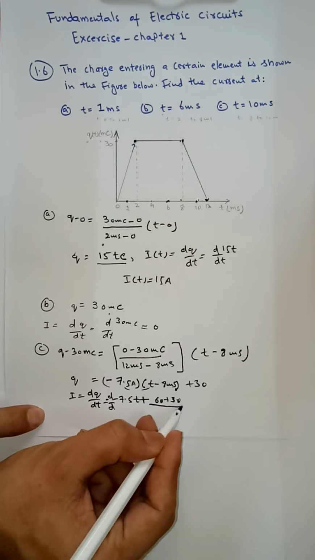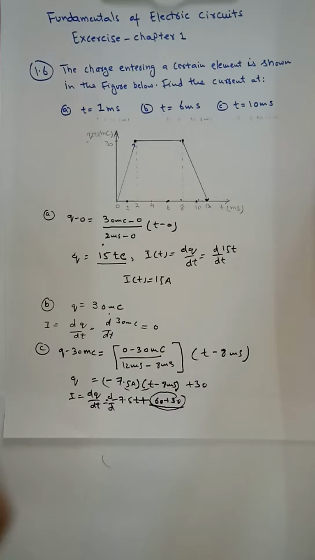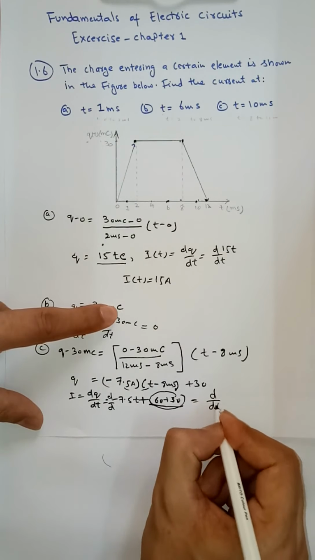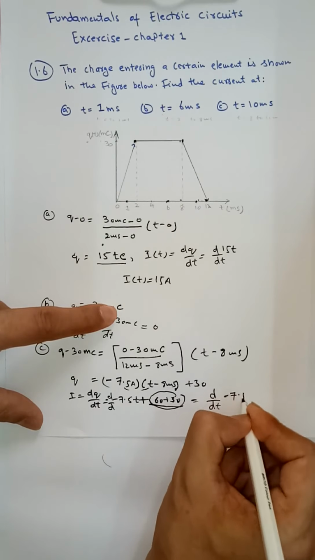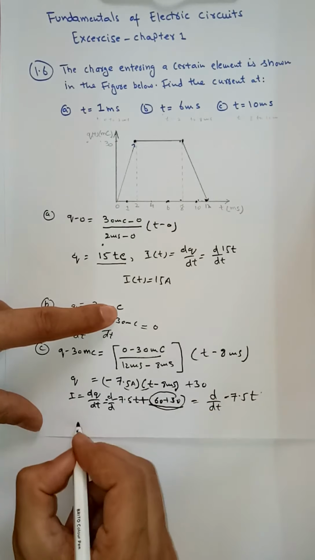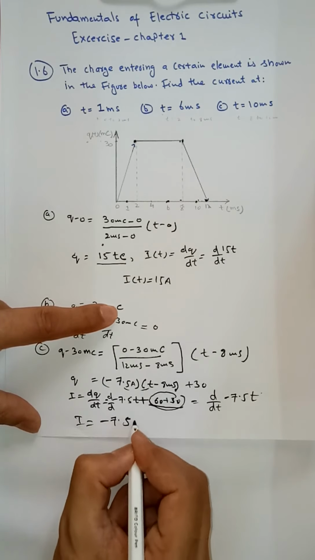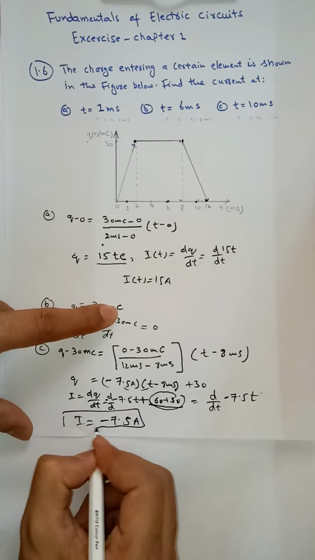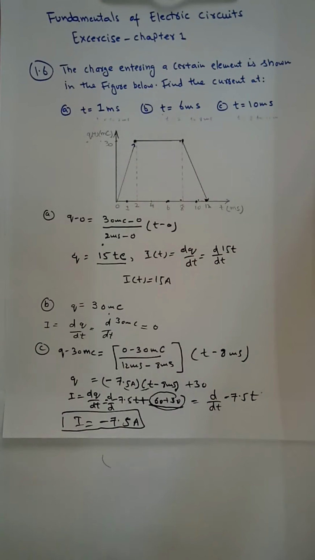However, after taking the differential, this whole constant term becomes 0, and d by dt of minus 7.5t is minus 7.5 ampere. So at t equal to 10 millisecond, the current is minus 7.5 ampere.